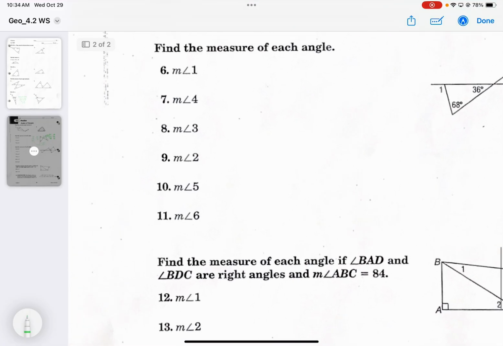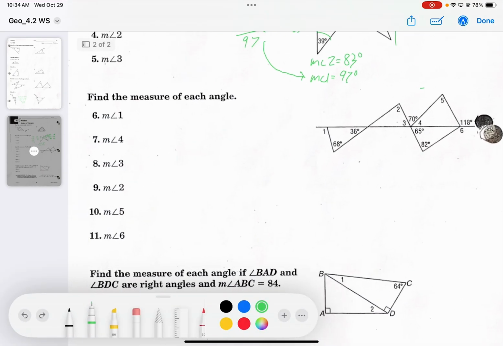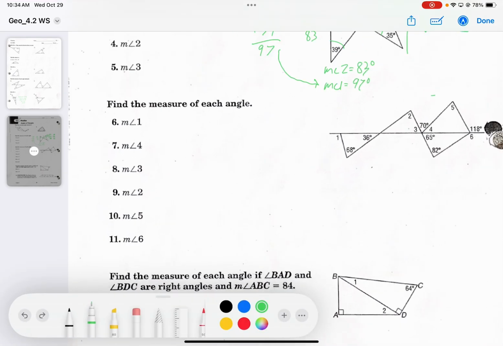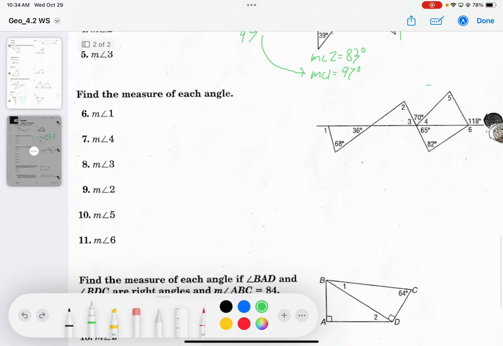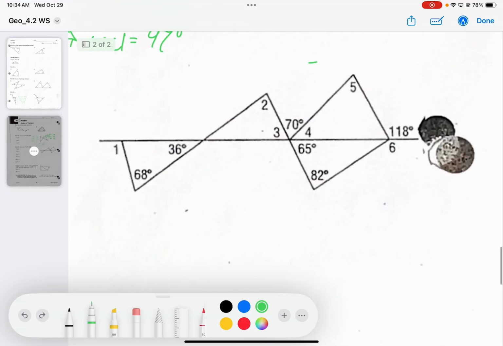All right, and then I forgot that I didn't have you guys do all of them. Okay, so then to the right, we've got a lot of different angles in there, okay? So if I were to have this picture, here's where I would start. I mean, there's a multitude of places that you could start, okay? I would probably say, okay, I have to find angle 1.